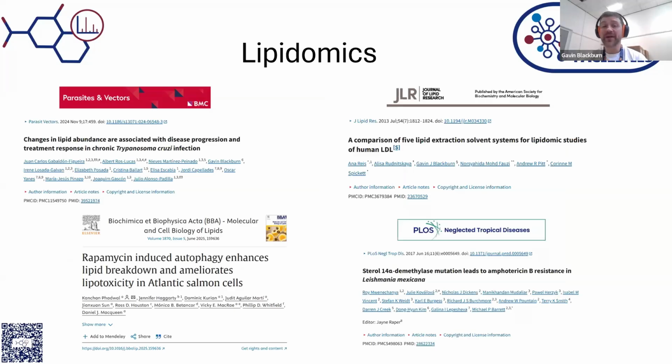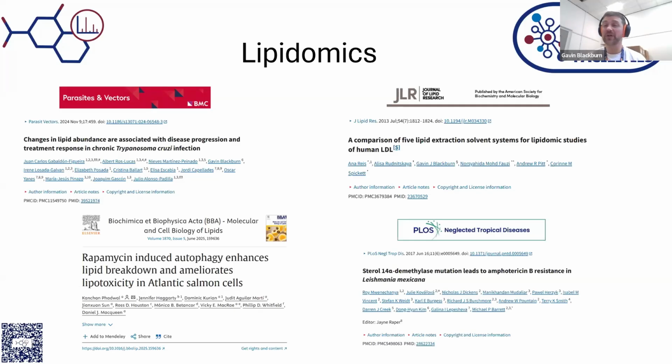We've looked at different lipid extractions, particularly for things like human LDL, to make sure that we're getting as much coverage as we possibly can from these samples. We've looked at rapamycin-induced autophagy and lipid breakdown in salmon. So we've looked at fish health, and we can look at health in any organisms that we might be interested in.